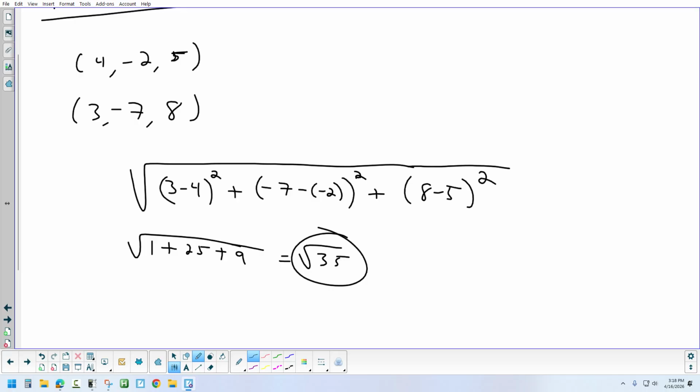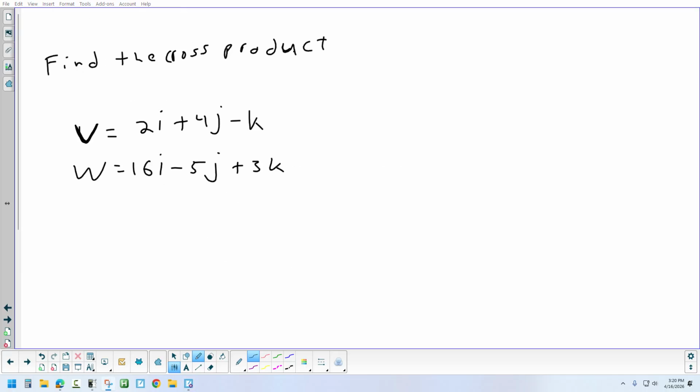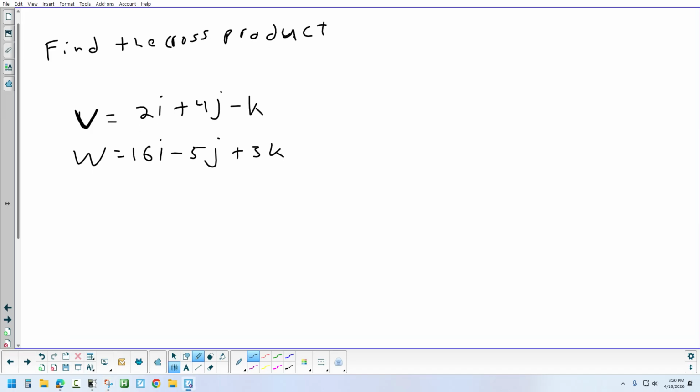Okay, any questions on that? Okay, so the last problem we're going to take a look at is finding the cross product between these two vectors. The way that we do it is we use Sarrus's rule, which tells us we're going to make a table to organize everything. What's going to go in the top row? Just the first 3 columns.